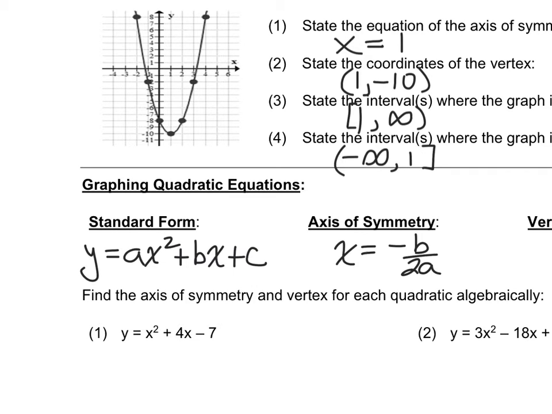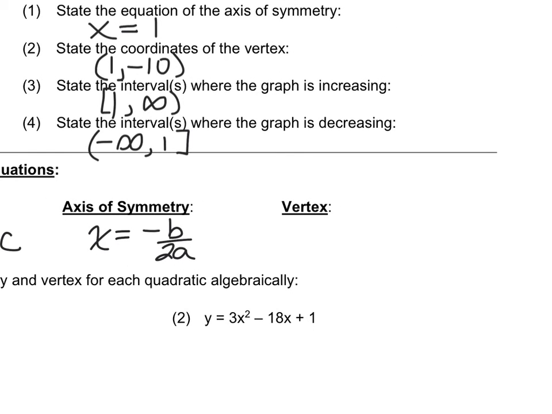All right, now the vertex, the definition of a vertex, you talked about this last time, would be the turning point of the graph. Now you need the actual coordinates of the vertex. It's a little bit trickier. What you're doing is you're finding the axis of symmetry, so negative b over 2a, and then the y value that goes along with that.